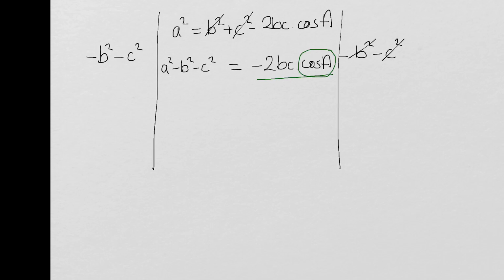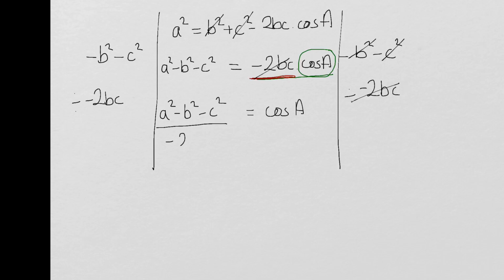So it means that this is the bit here that I need to get rid of, this minus 2bc. Now, because they're being multiplied, the way to get rid of it is to divide by the minus 2bc. So divide by minus 2bc here also. So that cancels with that. So I'm left here with cosine of A. And on this side, I've got a squared minus b squared minus c squared, all divided by that minus 2bc.